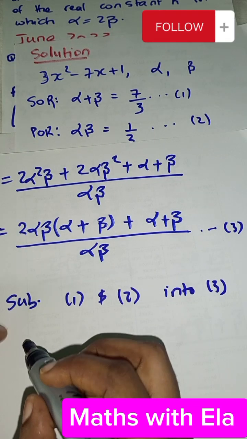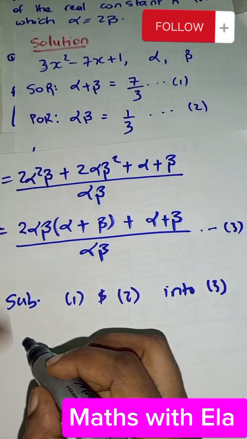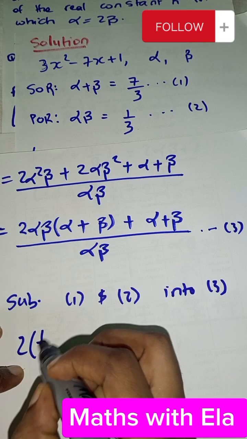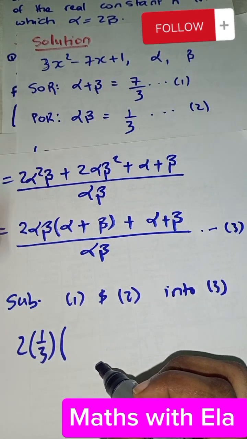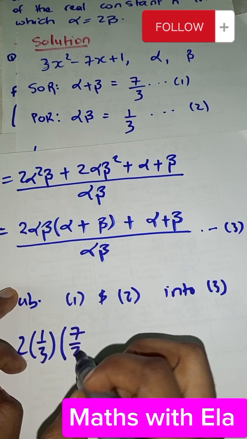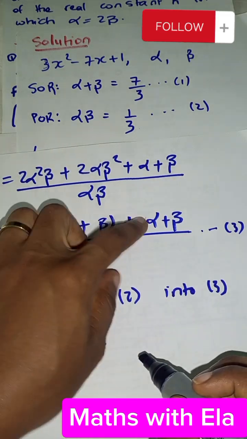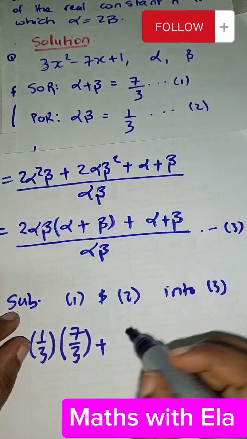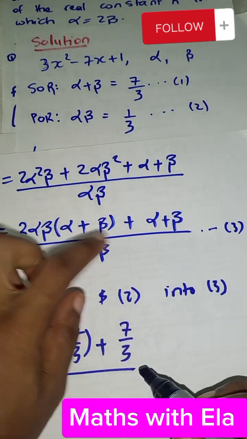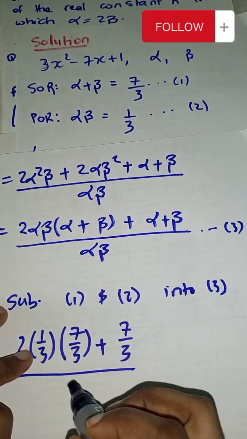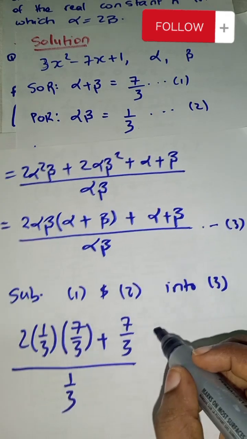So alpha beta is 1/3 from 2. So we have 2 into 1/3 times alpha plus beta from equation 1 is 7 on 3 plus alpha plus beta from equation 1 is 7 on 3. All of this on alpha beta from equation 2 is 1/3.